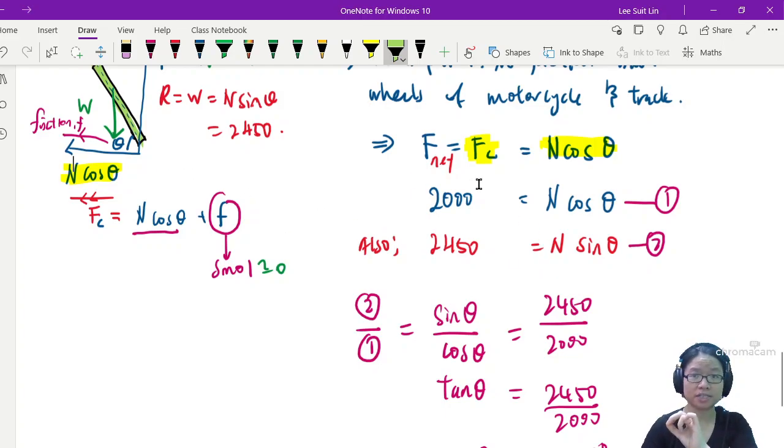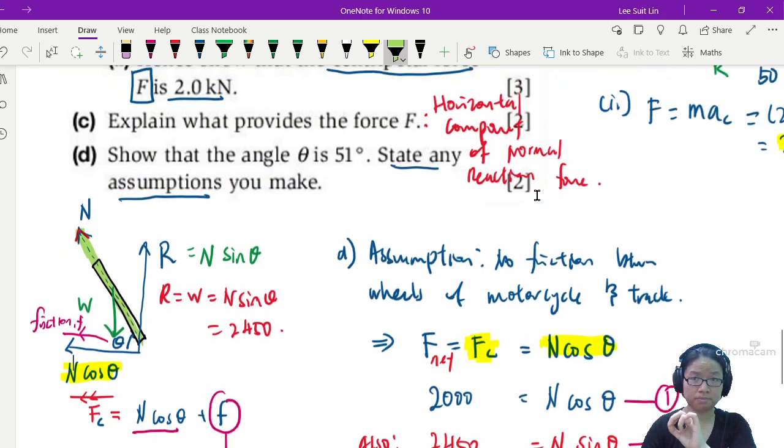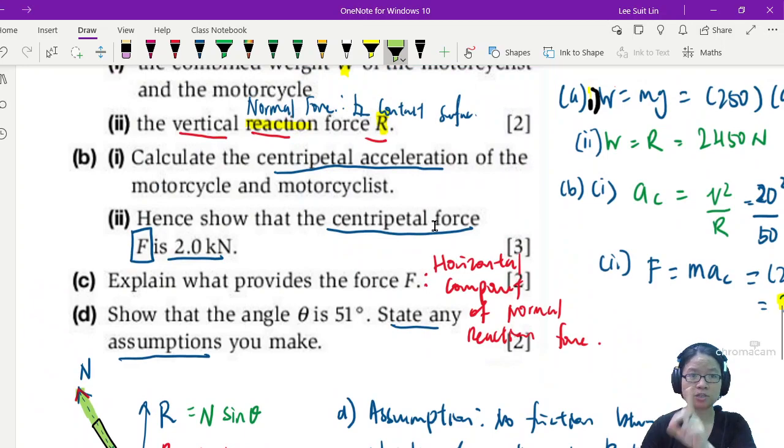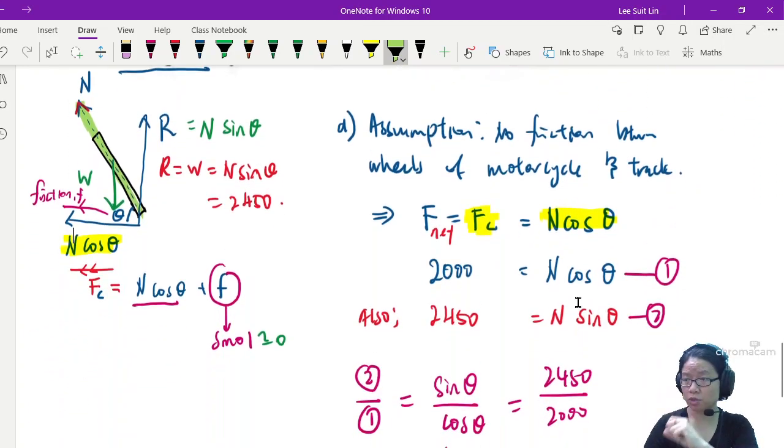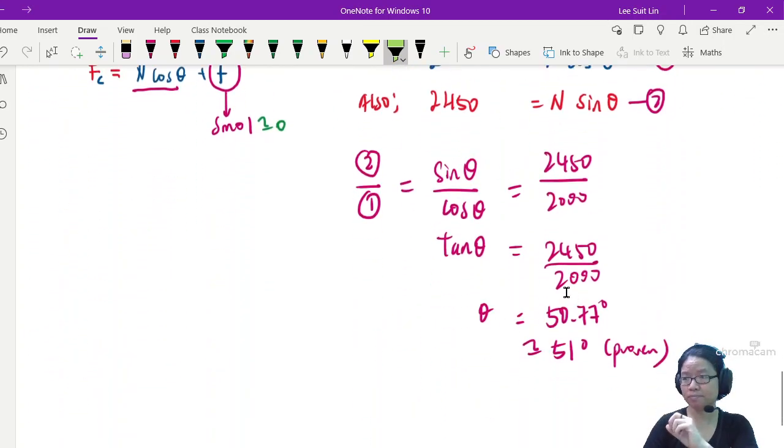So N cos theta will be equal to Fc, which is what is meant here. Okay, centripetal force F. What provides the force F? The horizontal component of the normal reaction force. Okay, and finally, once we have these two equations, we can divide them to arrive at the angle 51. So that's it for the question.